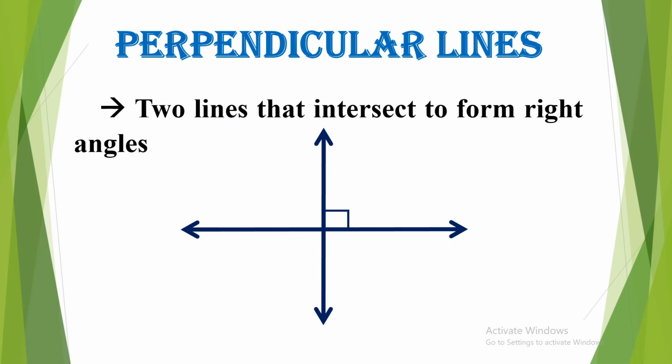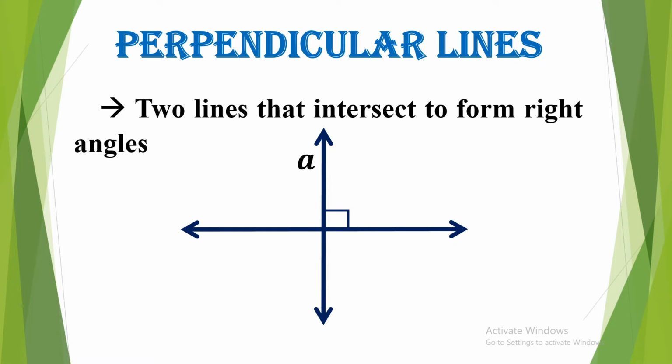So by definition, these are two intersecting lines forming right angles. Take note that for perpendicular lines, four right angles are formed.